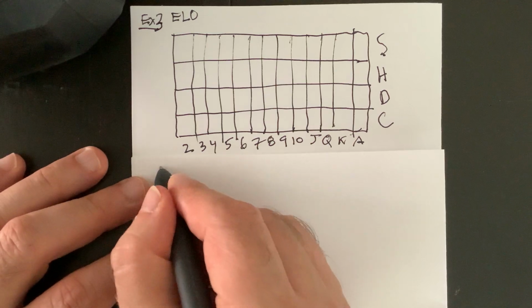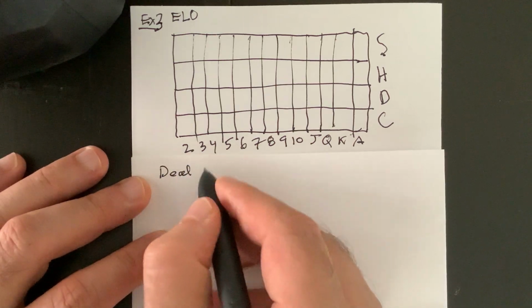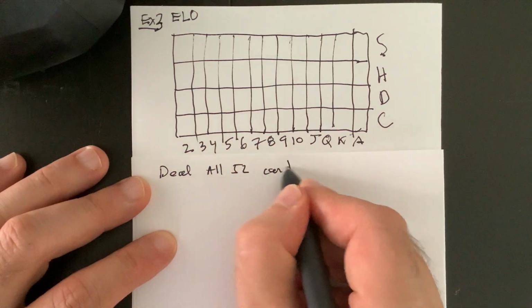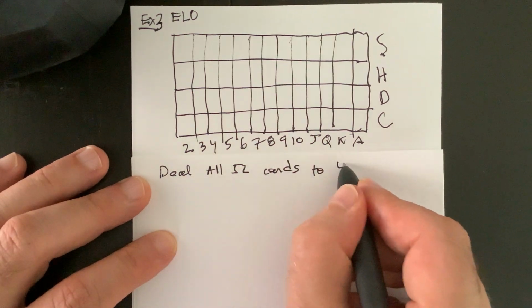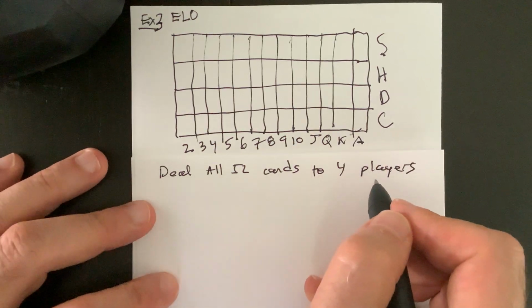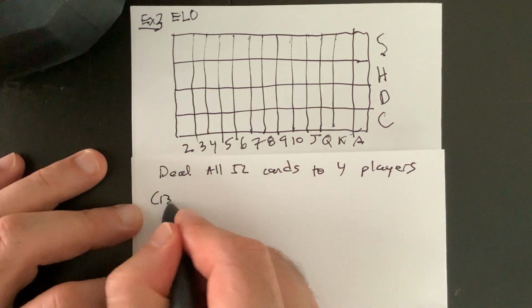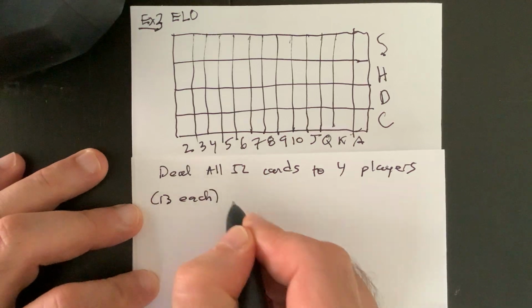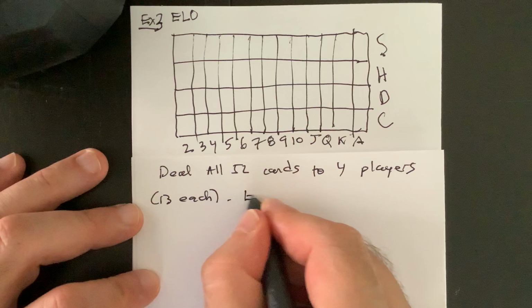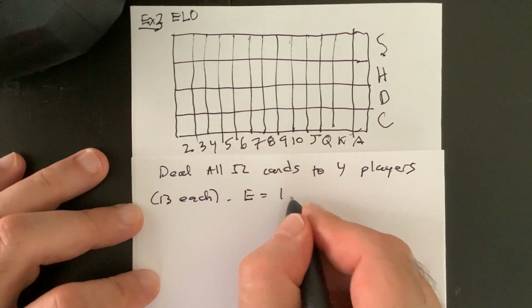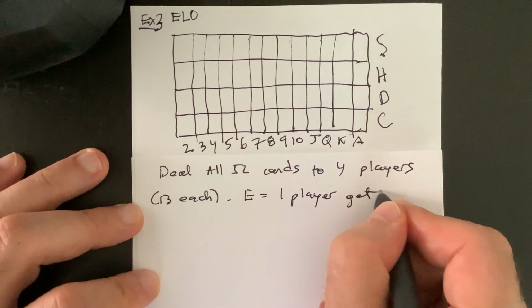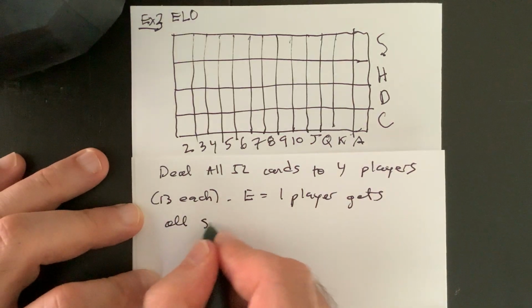So deal all 52 cards to 4 players, 13 each. Let E be the event one player gets all spades.